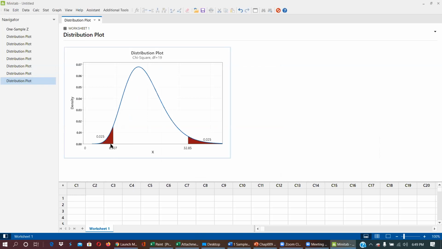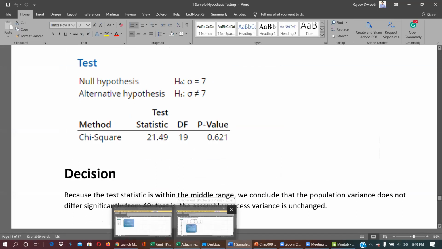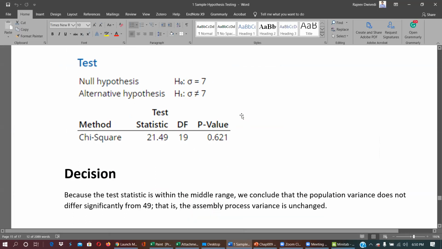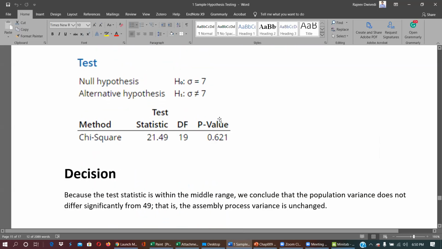So what is the range? What is the critical value? 8.907 to 32.85. And what we are getting in our test is 21.49. 21.49 is within the range, and the p-value is also more than 5%, which is 62%.